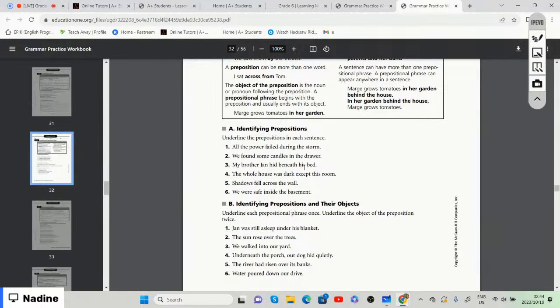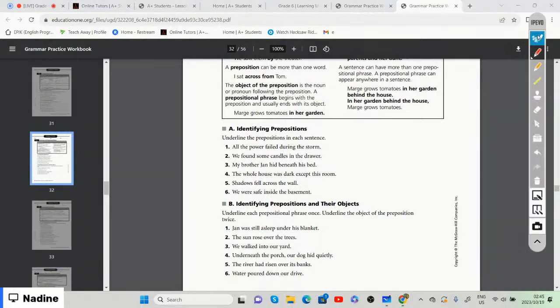So we need to select the preposition. What is the preposition within that sentence? If we select the preposition, then we can say it is during.